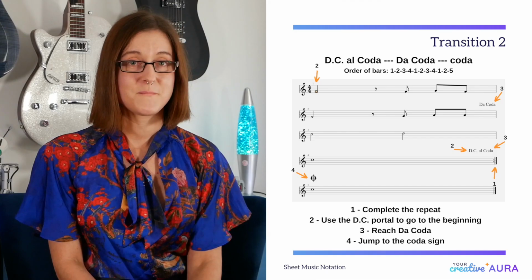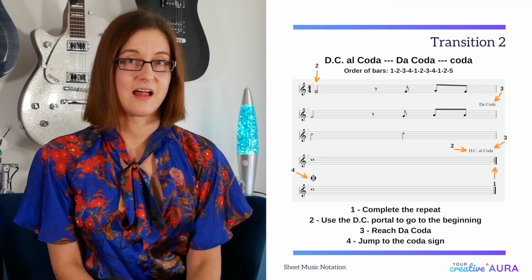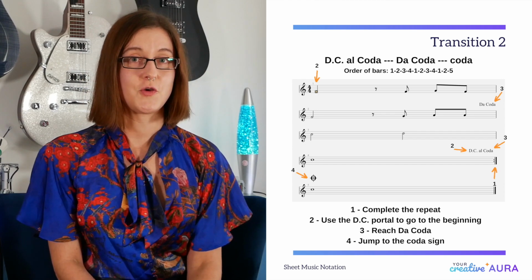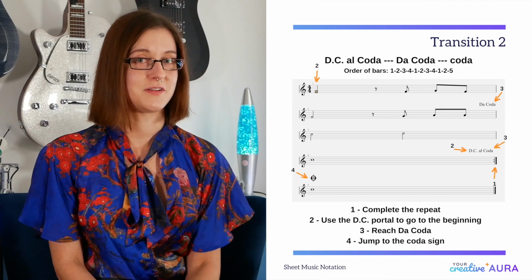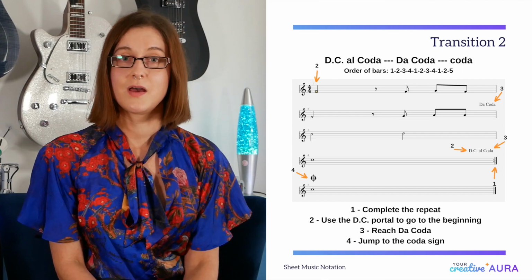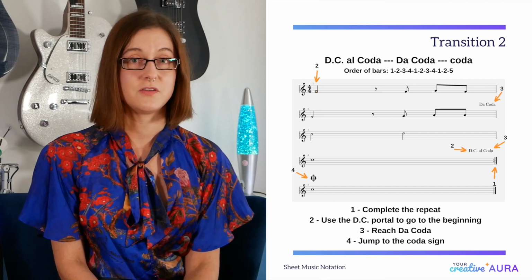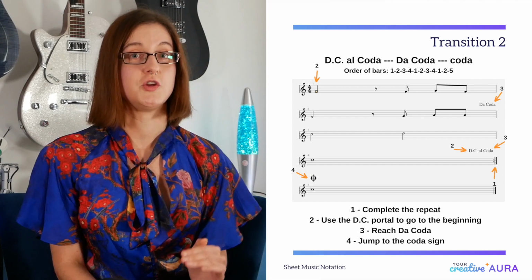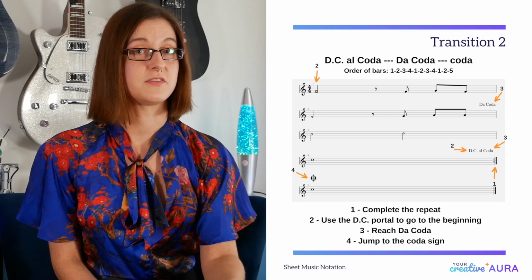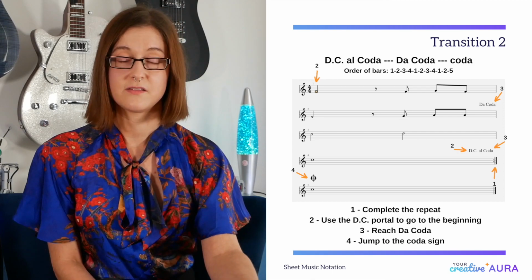Our second one is DC al coda to da coda to the coda sign, which means play from the beginning until the phrase da coda, and at da coda you jump forward to the coda sign and play to the end.